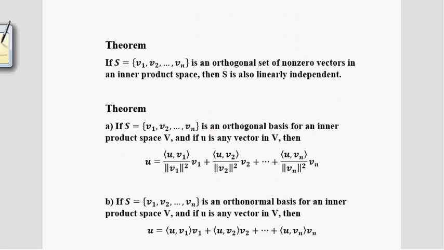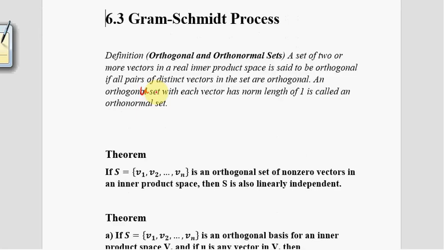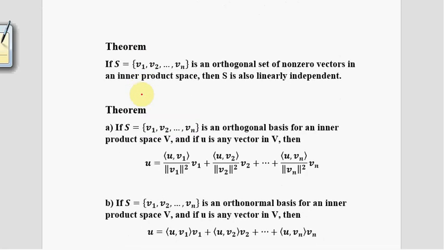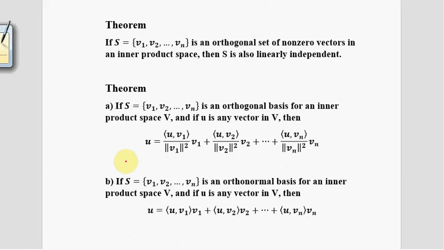I don't know if you recall from when we were talking about a vector, some vector U, that if a space is a vector space or even a subspace, then any vector in that particular space can be written as a linear combination of the bases.